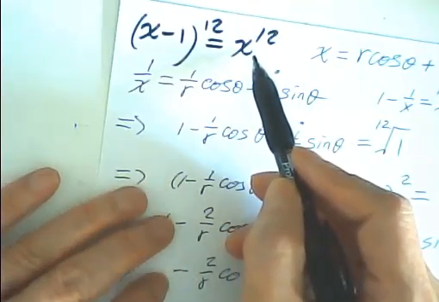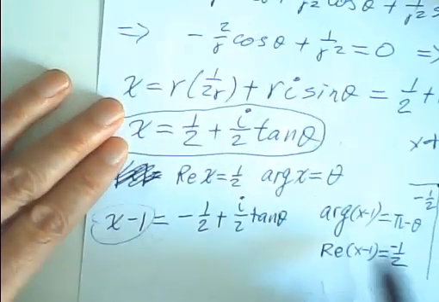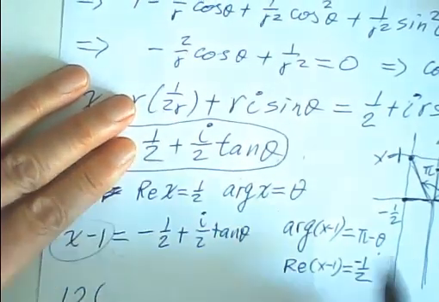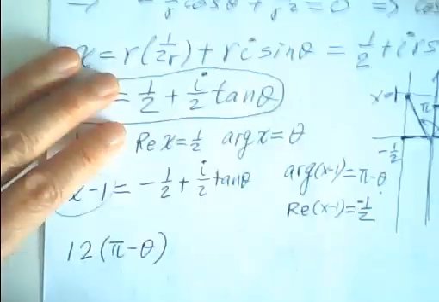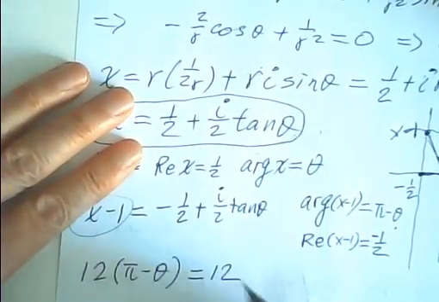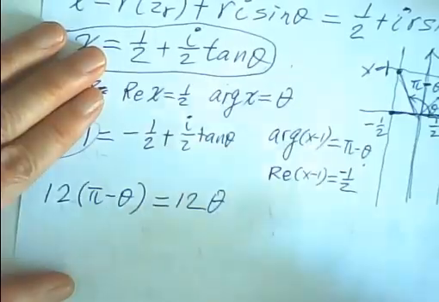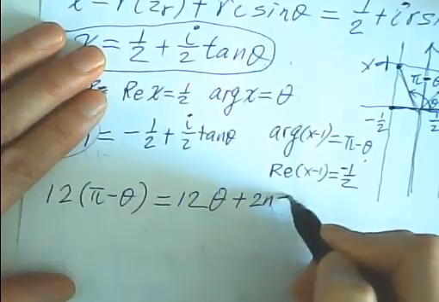This is the de Moivre theorem, right? So we have argument, so 12 times this argument is equal to 12 times this argument. This argument is theta. But don't forget that the angle could be a multiple of 2n pi.